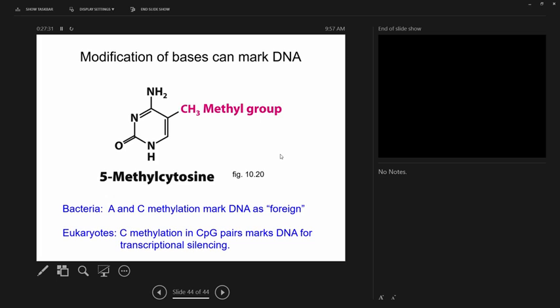So here's going to be the new DNA. For the top strand, and then the bottom strand is going to look like this.